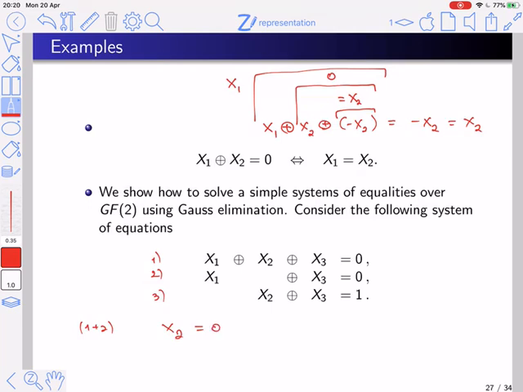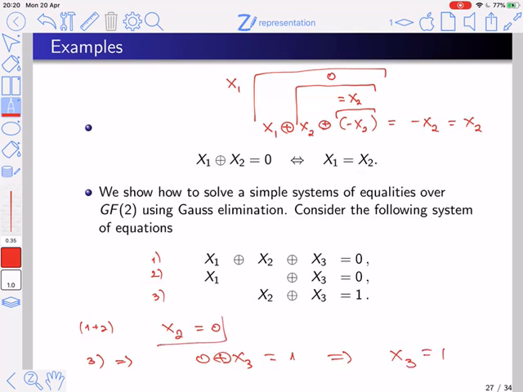Okay, if x2 is 0, I can replace x2 here with a 0, and I get that 3 tells me 0 plus x3 is 1, which means that x3 is 1.